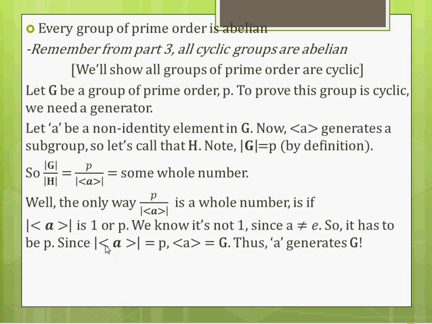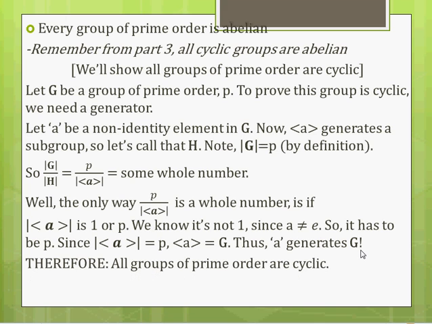And if the order of our subgroup is P, then it's the same size as our group, which means it's our group. Thus, A generates G. Therefore, all groups of prime order are cyclic.